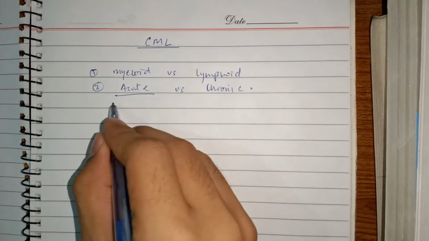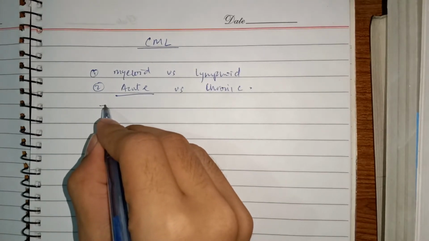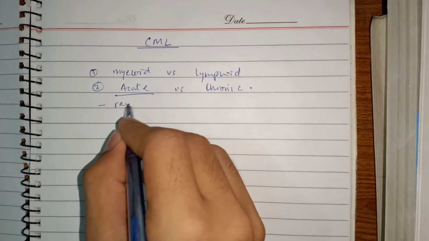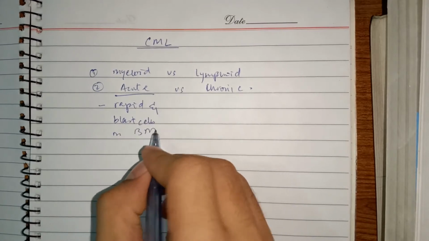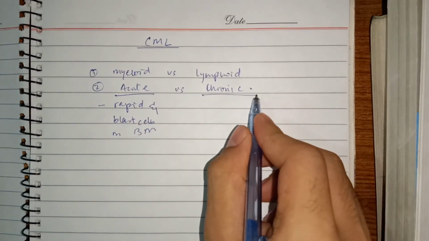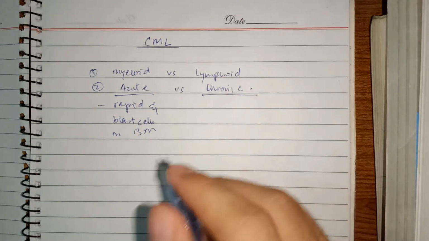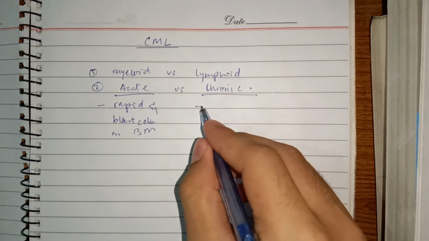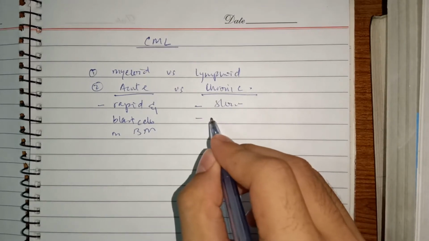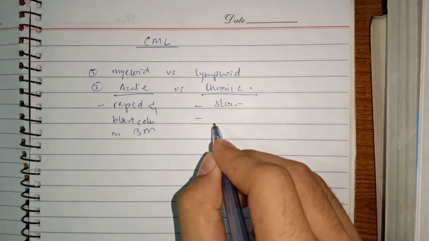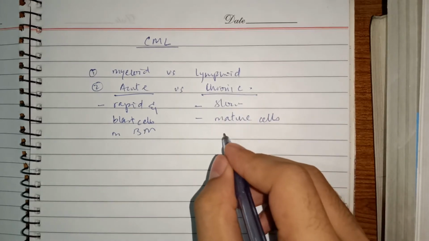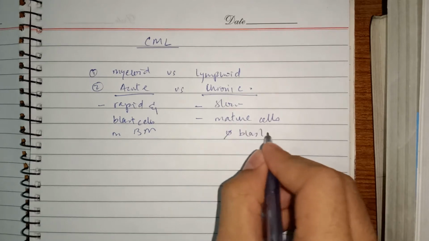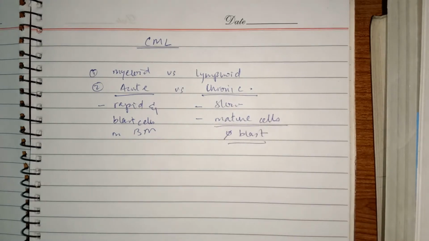In acute form, we know that the symptoms will be very rapid in onset, and there will be presence of blast cells in bone marrow, whereas in chronic form it is very slow in onset. The symptoms appear very slowly, and there is malignant proliferation of the mature cells. It is very important to know that it is not blast. These are the mature cells formed.